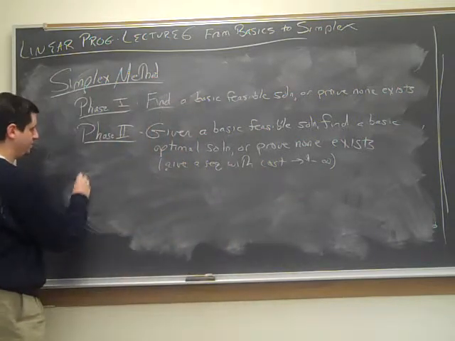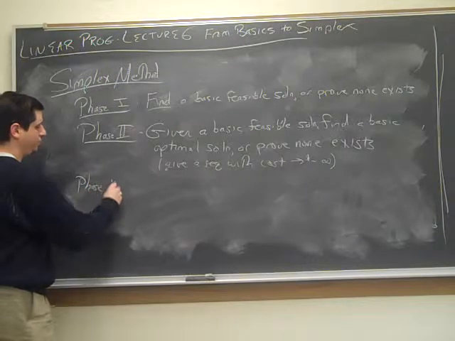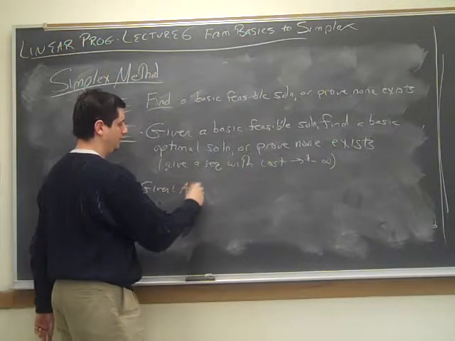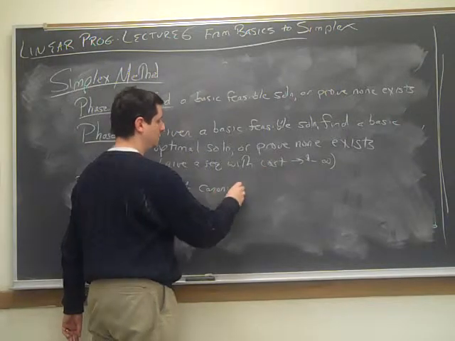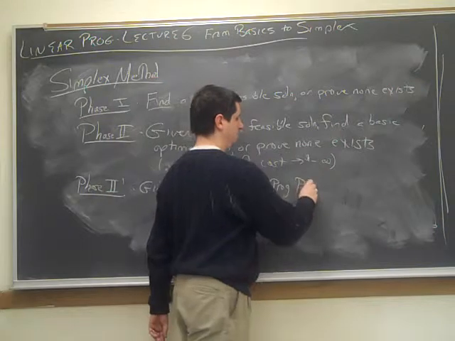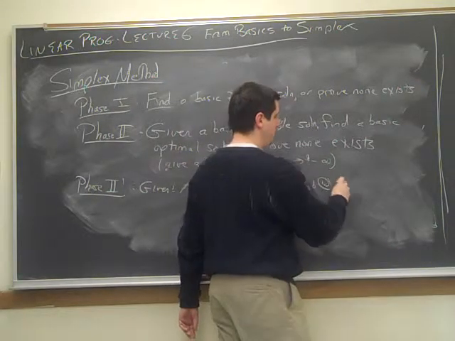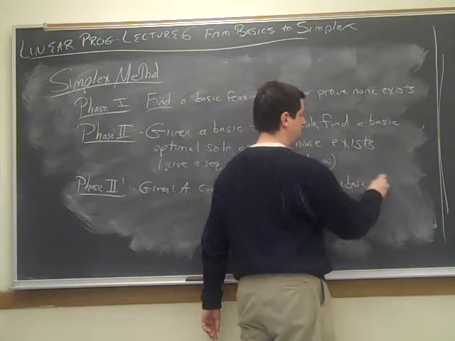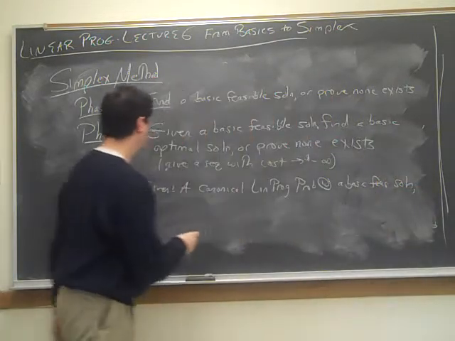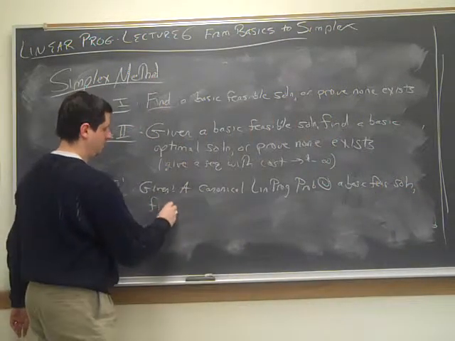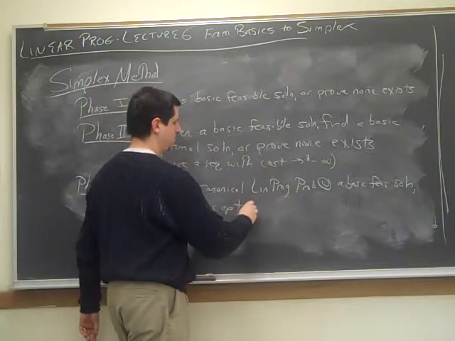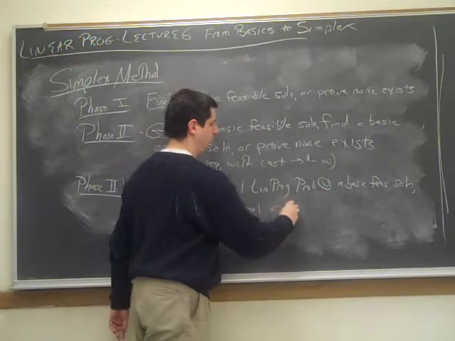So what we're really going to do is phase 2 prime: given a canonical linear programming problem with a basic feasible solution, find a basic optimal or prove none exists.